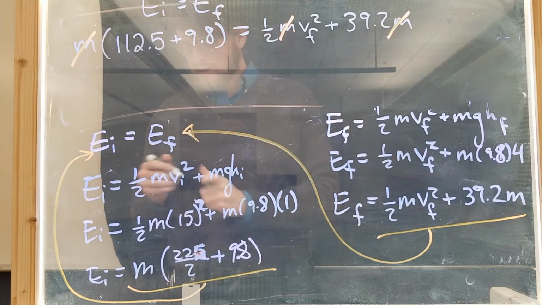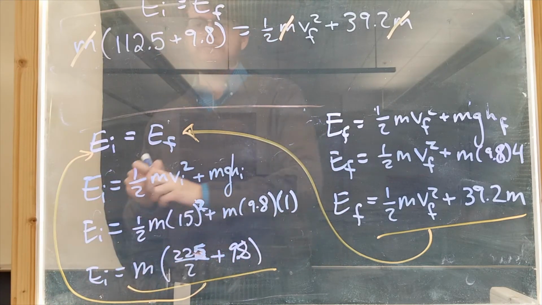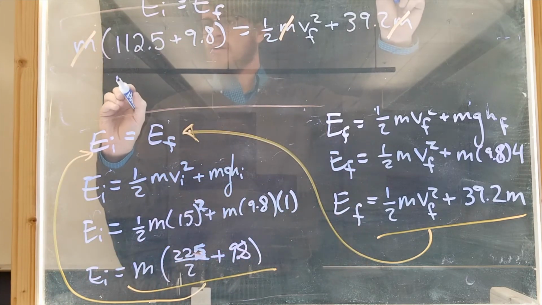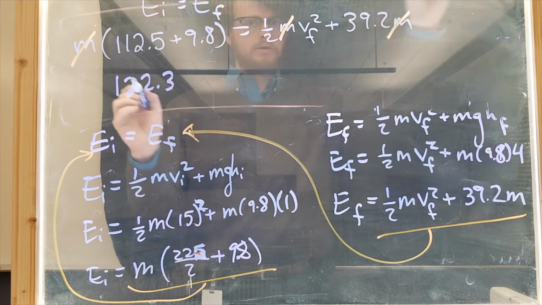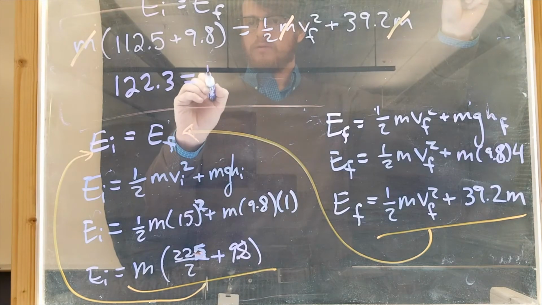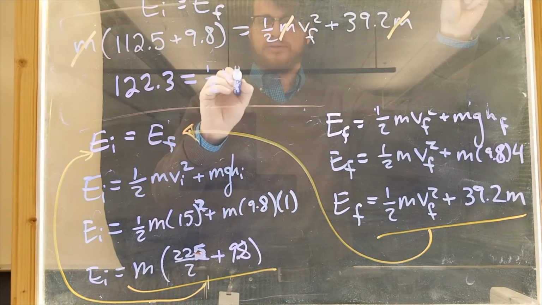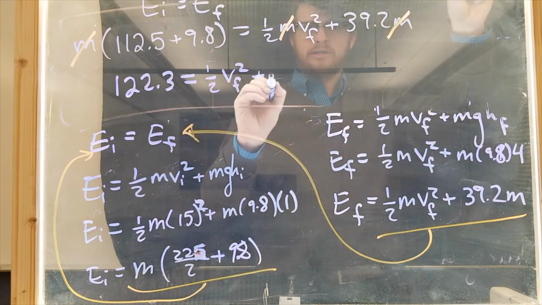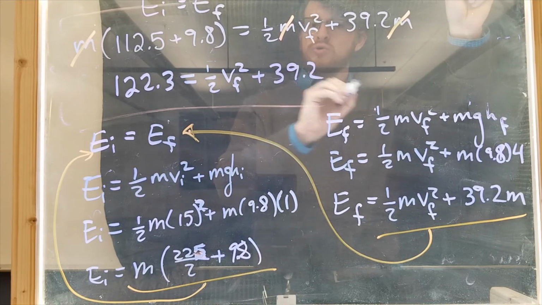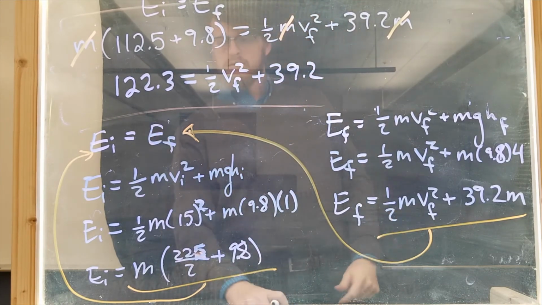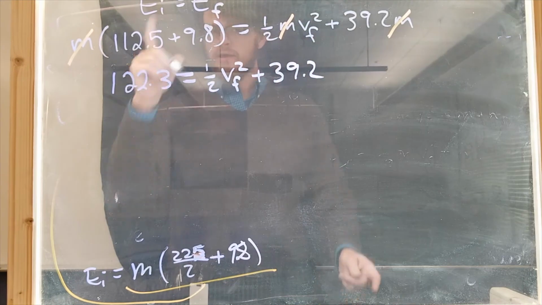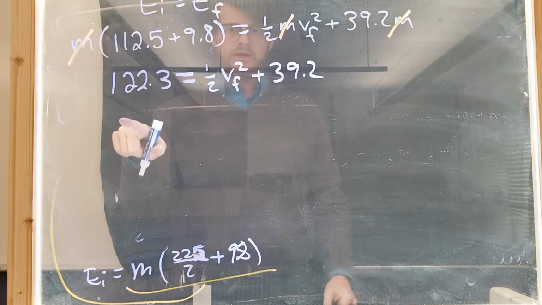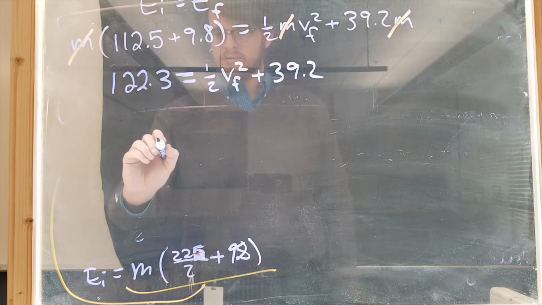So here we have 122.3 equals 1/2 v final squared plus 39.2, right? Then subtract 39.2 from both sides, multiply by 2, and take the square root.